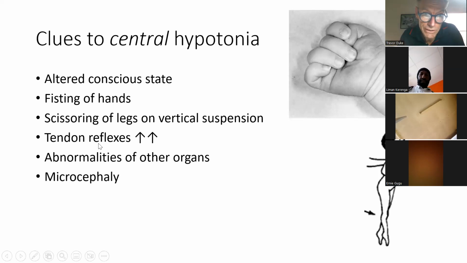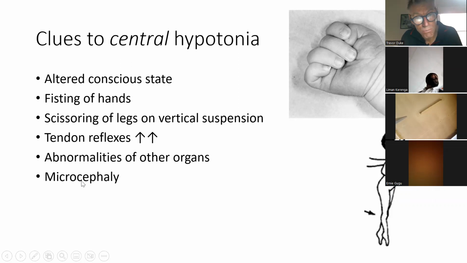You should do their reflexes, and if they've got central hypotonia, their reflexes will be up. And sometimes they've got abnormalities of their other organs if they've got central hypotonia, and sometimes they've got microcephaly. But the main things are, look to see if they're alert or not alert, if they've got fisting of their hands, if they've got scissoring of their legs, if their tendon reflexes are increased, and if they've got microcephaly.